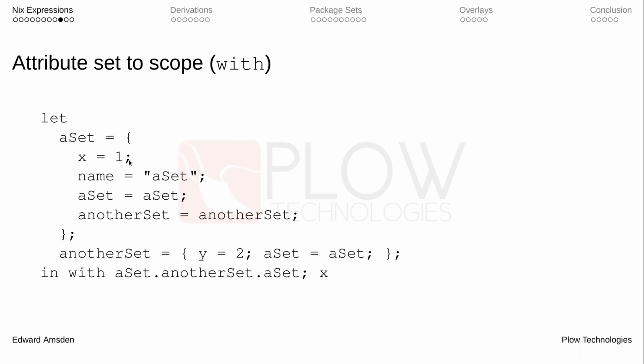So this whole thing would evaluate to 1. So it's sort of like an open or an import or something like that. It's almost exactly open from ML, though it's dynamically typed. It takes a record and puts all the record names in scope.